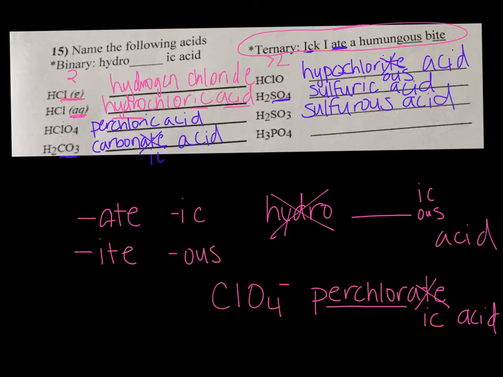And then finally we have phosphate. And phosphate is going to be phosphoric acid. So that's the basic in a nutshell, how to name your different acids.